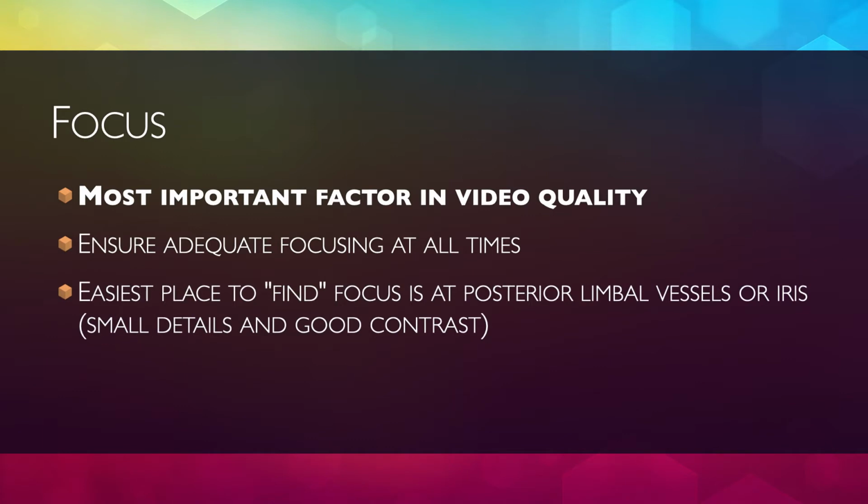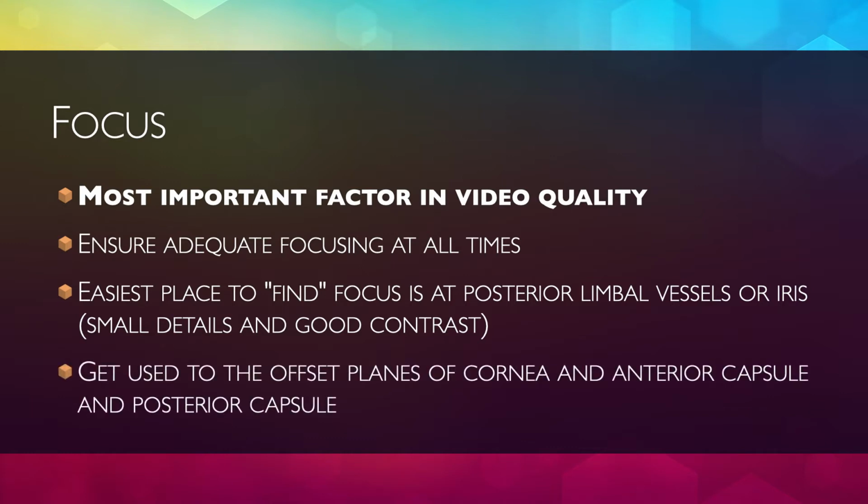Sometimes it is difficult to find the focusing plane of the microscope, and the easiest places to focus are the limbal vessels or the iris, with small details and good contrast. It is useful to get used to the offset between the planes of the cornea, anterior and posterior capsules to be able to quickly and accurately change focus during surgery.